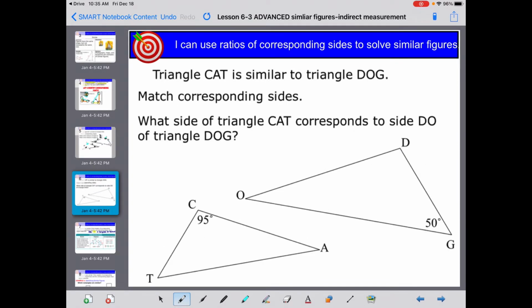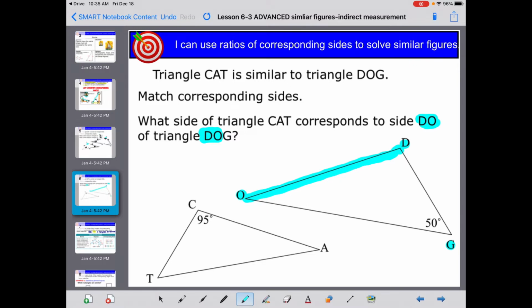Let's try another one. Matching the corresponding sides, which side of triangle CAT corresponds to side DO of triangle DOG? Now hold on a second. Let's try to do it without the picture. What side corresponds to DO? DO is the first two vertices of triangle DOG.